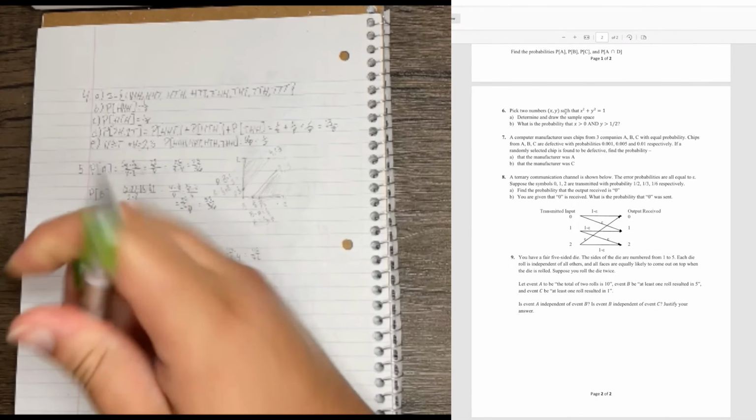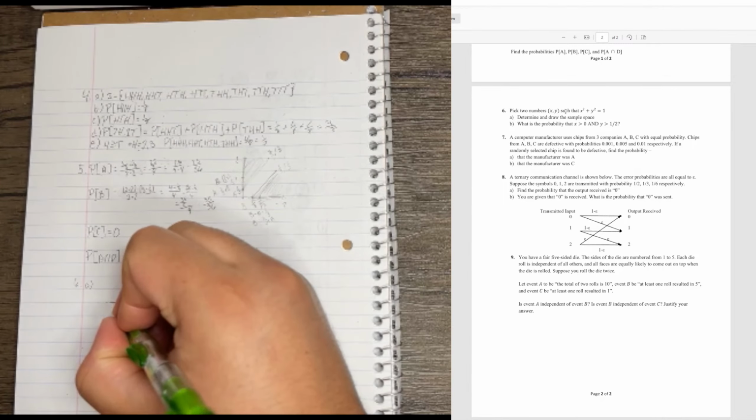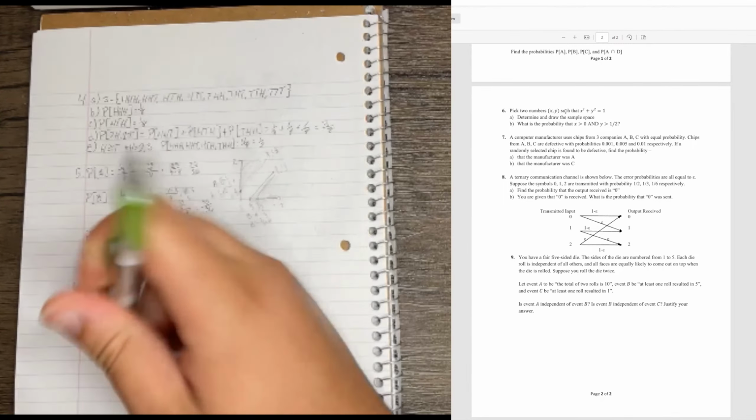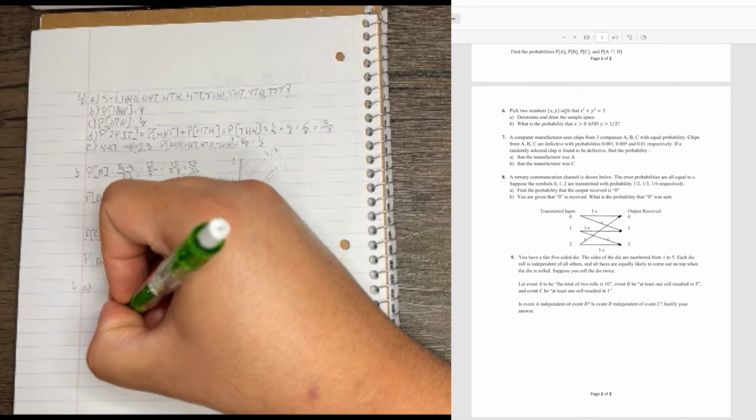Something like that. And it doesn't have to be perfect, I know that.